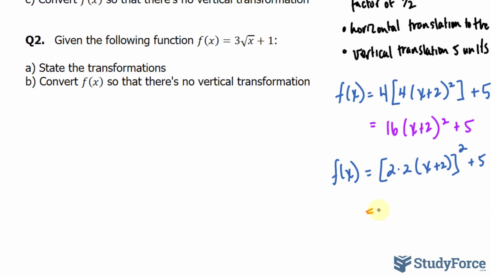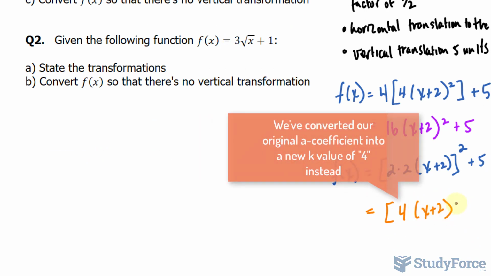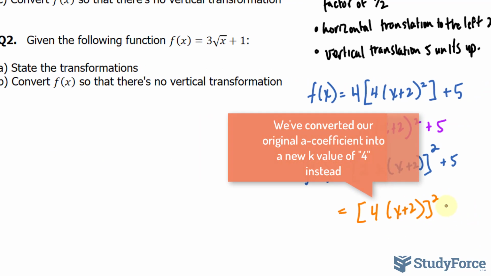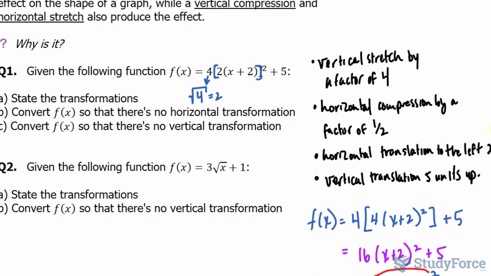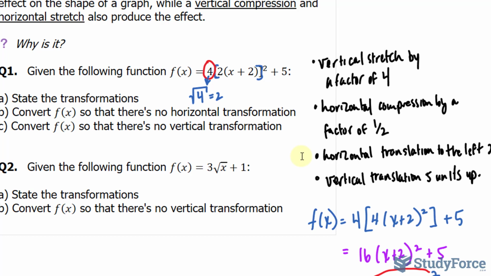Multiplying 2 and 2 together makes 4, and this is what our function would look like, and it would produce the exact same shape. Now let me explain why this works. If you were to take this exponent 2 and have it distributed to that very first factor, you would get 2 to the power of 2 being 4, and that 4 can be taken out of the brackets and be written as a factor on its own as it was in the original function.